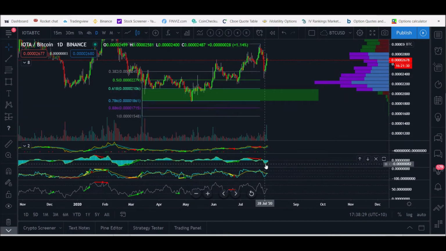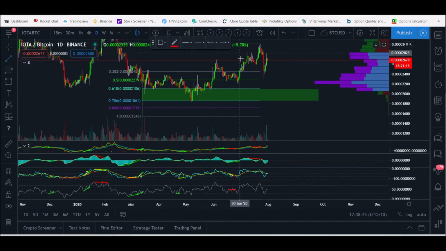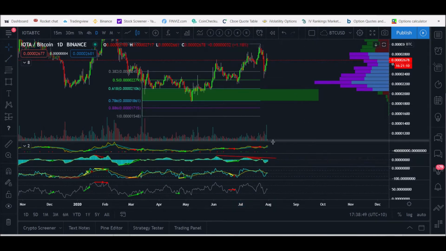What are we seeing? This is a lower low in histogram. We have made higher highs and higher lows here in price, but we are getting some divergence here. Price has made a higher high here, so you can also see that there is bearish divergence there, and it has been confirmed.